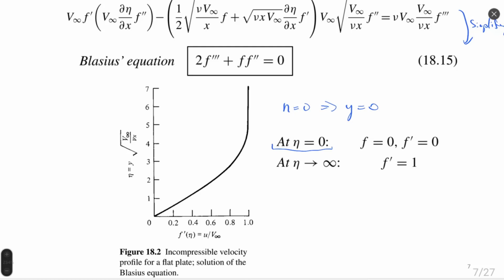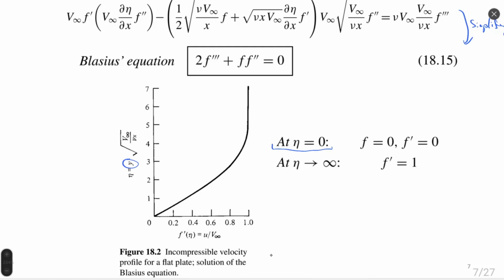Or we can write vice versa: if the y coordinate is 0, eta will be equal to 0 independent of the x coordinate, except maybe also for x equals 0. So we are talking about the wall, this first boundary condition. Eta equals 0 is the wall.